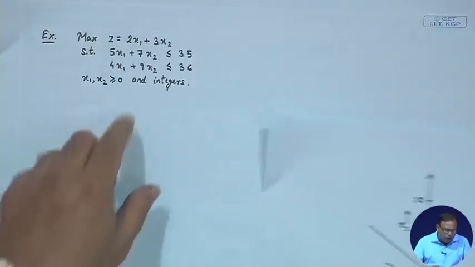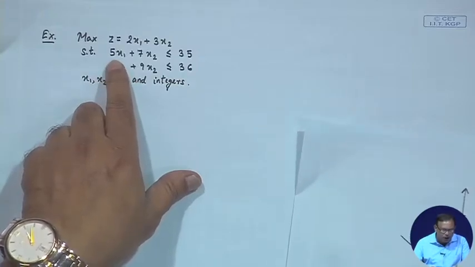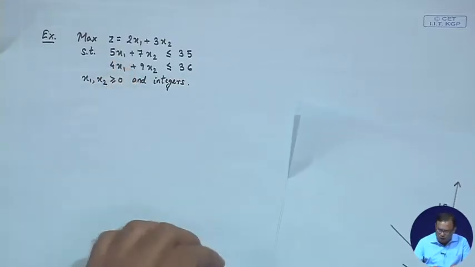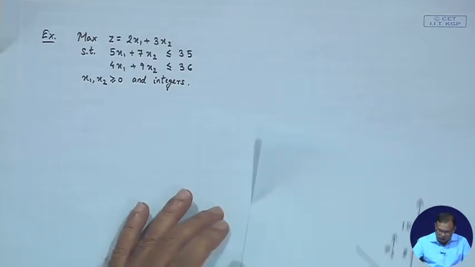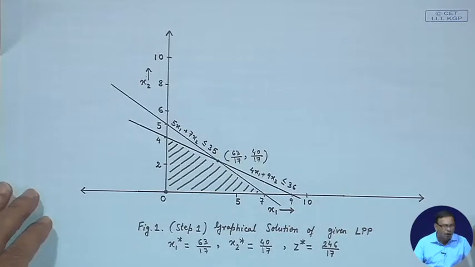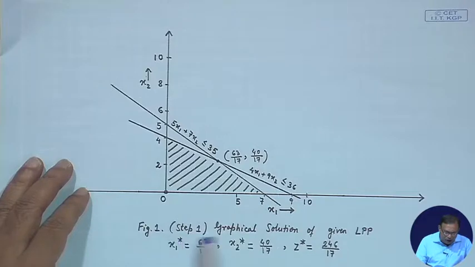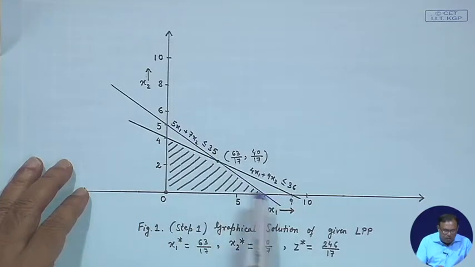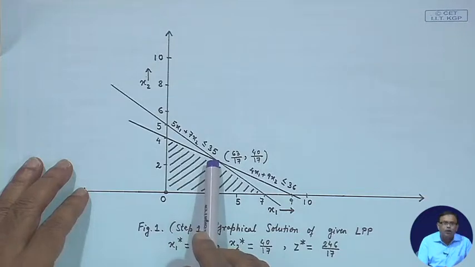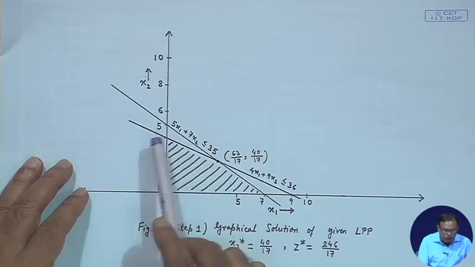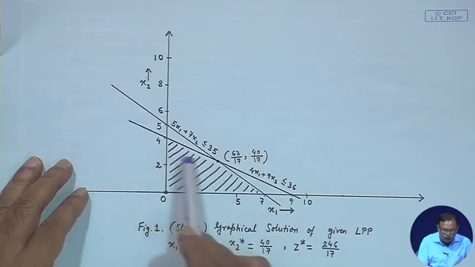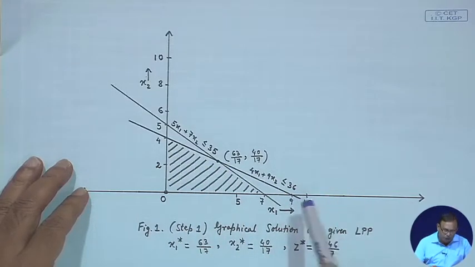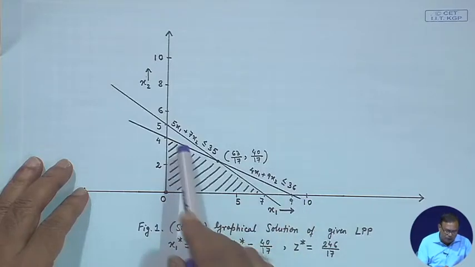For the graphical method, I have to draw the lines 5x1 plus 7x2 equals 35 and 4x1 plus 9x2 equals 36, with x1, x2 greater than or equal to 0 and integers. The first line, 5x1 plus 7x2 equals 35, crosses the point 7 on the x axis and 5 on the y axis, whereas 4x1 plus 9x2 equals 36 meets the point 9 on the x axis and 4 on the y axis.